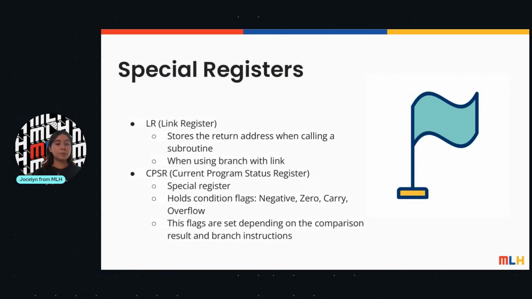Overflow is when you go over the 32 bits, or the bits that you were supposed to have on your register. So these are the different types of flags that are out there, and you can actually look for this specific register if you would like. CPSR actually goes a lot more in depth than what I'm explaining right now, but it's okay if you just understand the different flags that exist and how to use them.